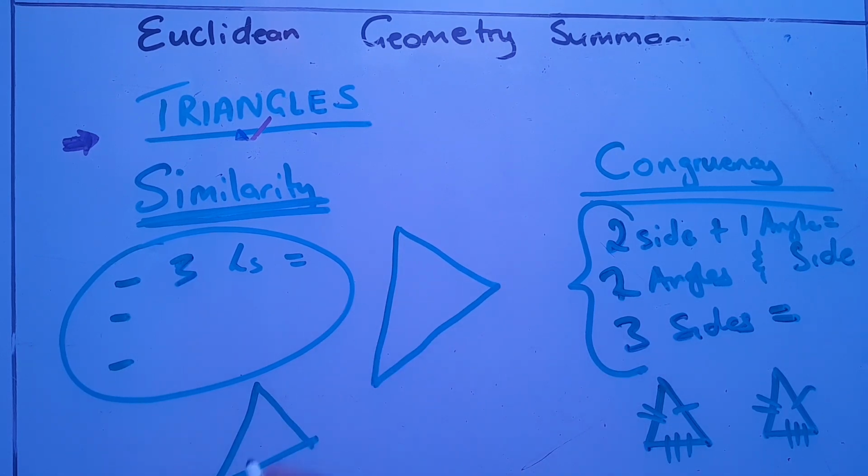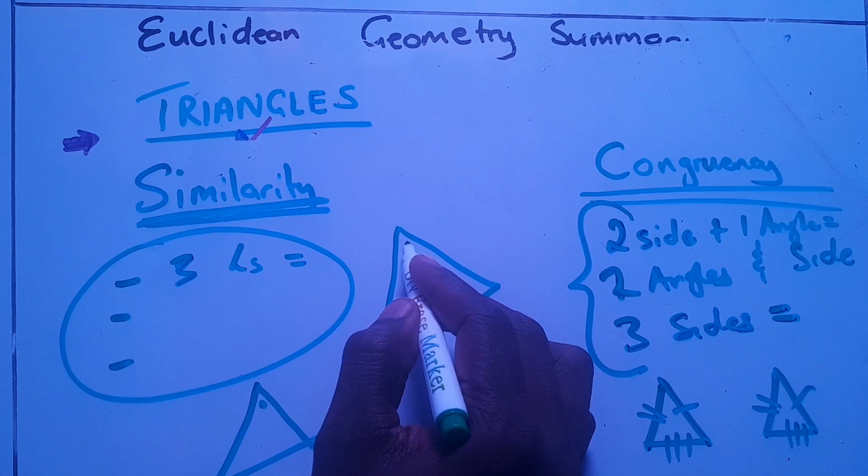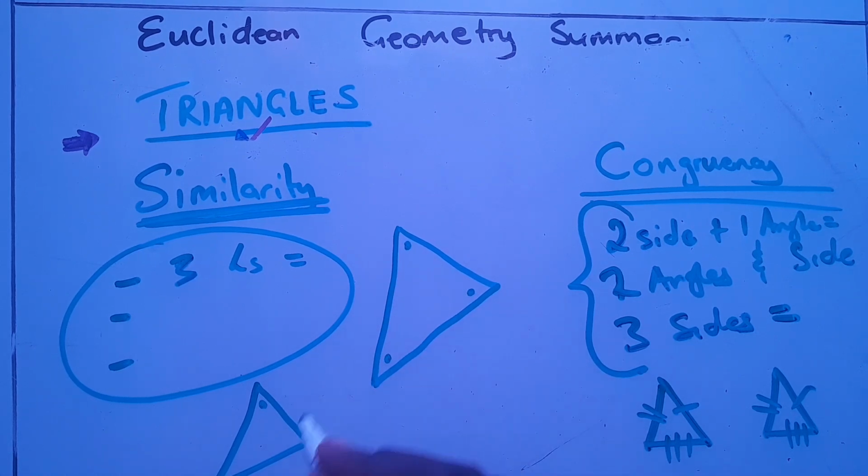This triangle is bigger than this, but if the angles are equal, it means that they are similar, right? It's more like saying identical twins are congruent because they are the same on everything. And then siblings, they can be similar but not congruent because they are not the same on everything, right?